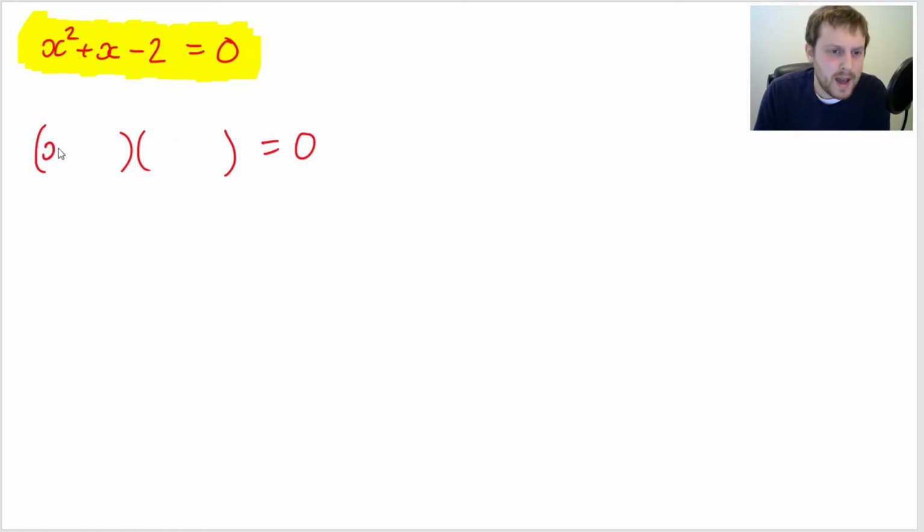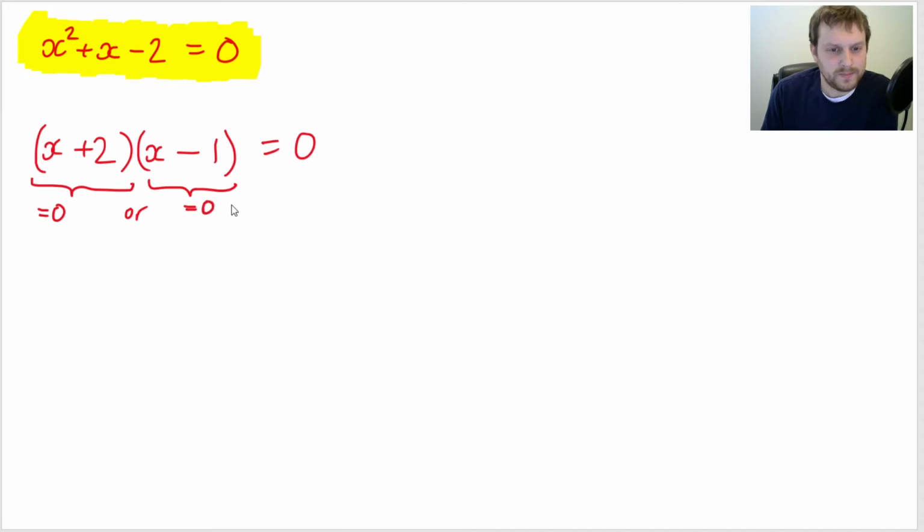So anyway, x, it's got a times to make -2 and add to make 1. So I guess that's -1 and +2. So then it's either this thing equals 0 or it's this thing that equals 0, right? Because it's got to be something times something giving 0.